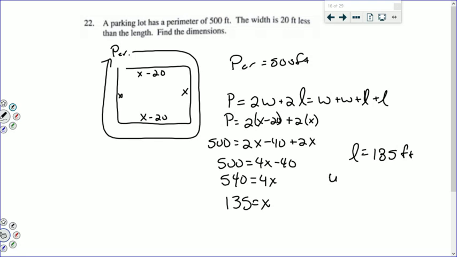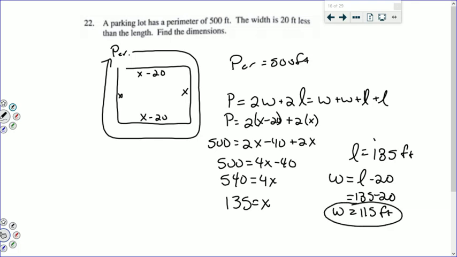Our width is our length minus 20, which is going to be 135 minus 20, which is 115 feet. So our width is 115 feet. If you take 135, multiply it by 2, plus 115 times 2, you should get 500 feet. On to the next problem.